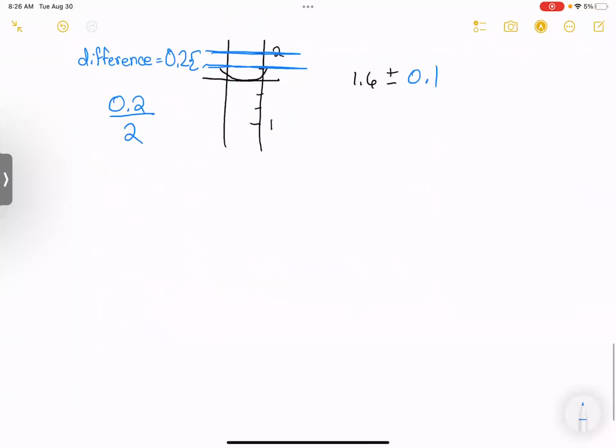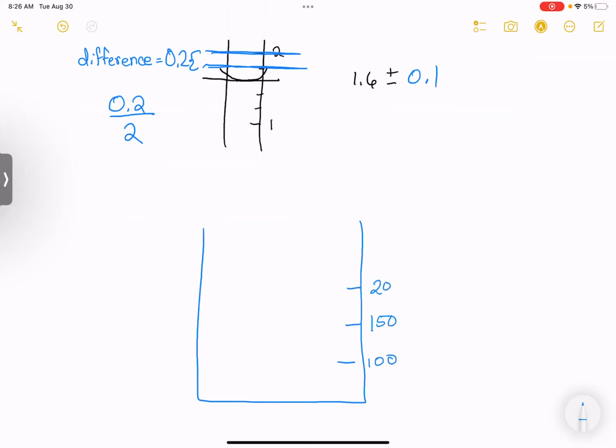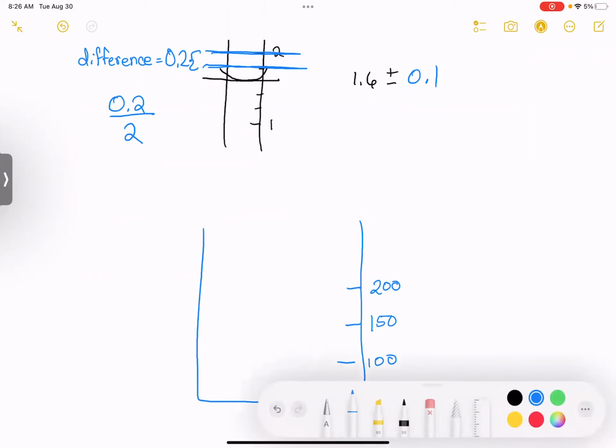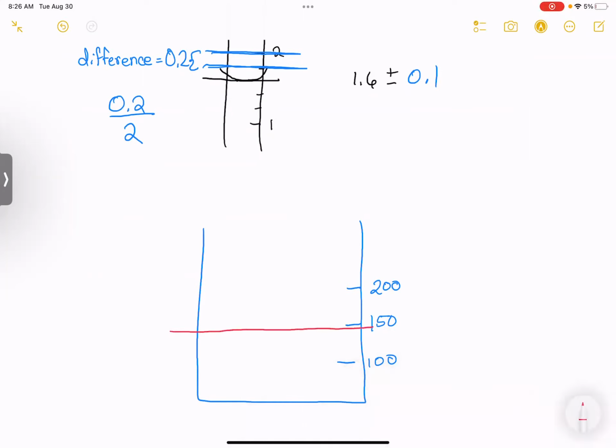If I were to have a beaker, again, to figure out the error or the uncertainty, I use those terms pretty much interchangeably. There is a difference between them, but I use them interchangeably, and a lot of people will.